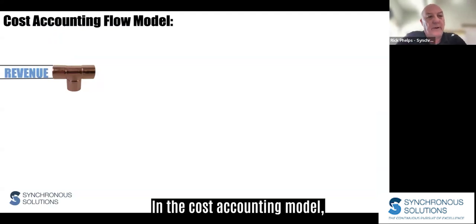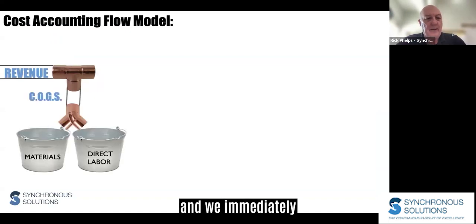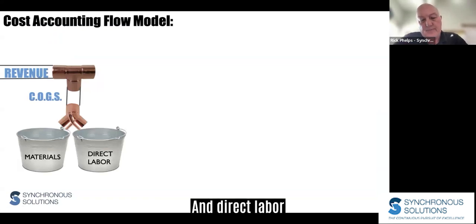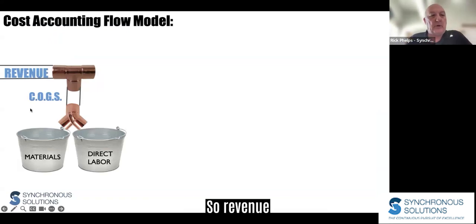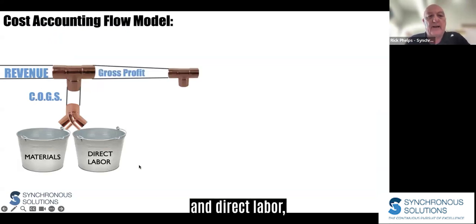In the cost accounting model, we have revenue coming in from the sale of our products, and we immediately break out the cost of the materials and the cost of the direct labor. Direct labor in this definition is the folks who are actually touching the parts and pieces. So revenue comes in, cost of goods sold is materials and direct labor, which leaves the business gross profit.